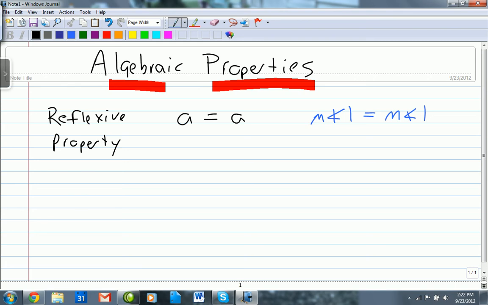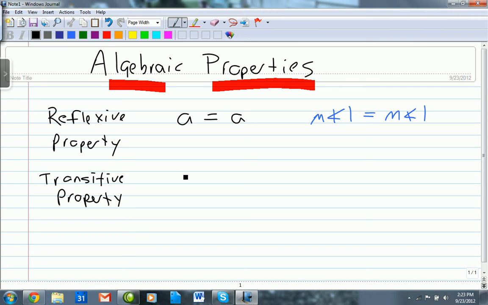Another algebraic property is called the transitive property. This is my favorite. It's oh so fun. The transitive property says if two things are equal to the same thing, then those two things must be equal themselves.